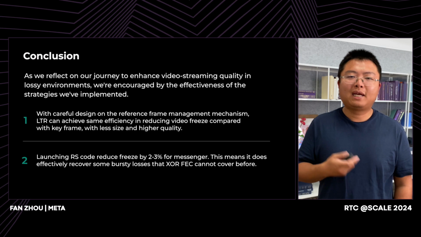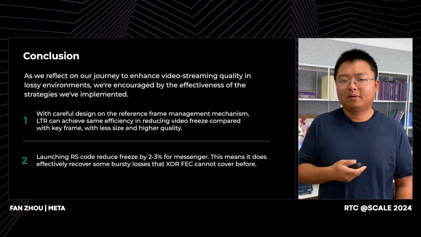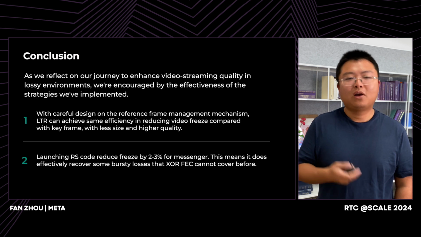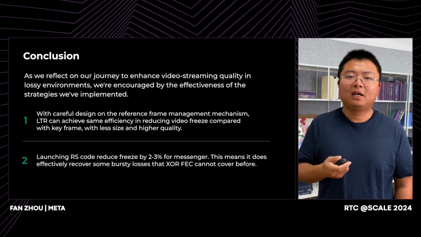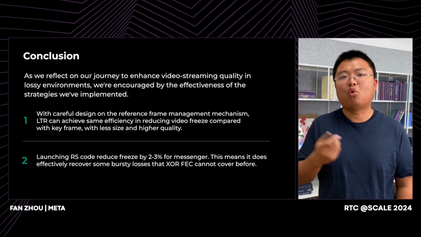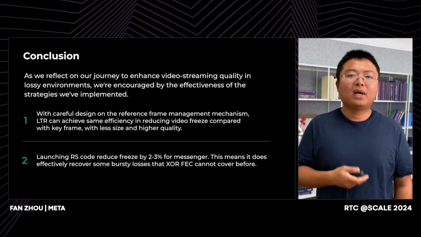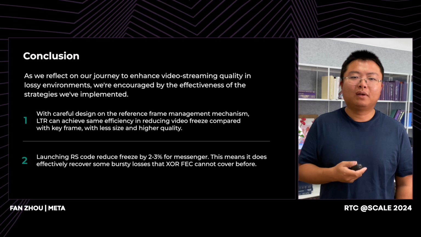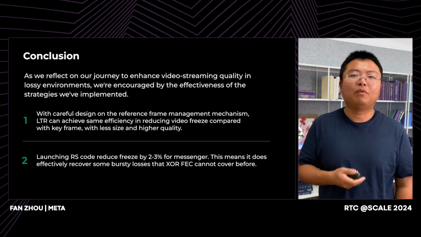But we can see that with careful design of the reference frame management mechanism, LTR can achieve the same efficiency in reducing video freeze compared with the keyframe. And that's really encouraging because LTR achieves this same efficiency with less size and even higher quality. Now looking at RS code, in fact, launching it can already reduce the video freeze by up to 2 to 3% for Messenger.